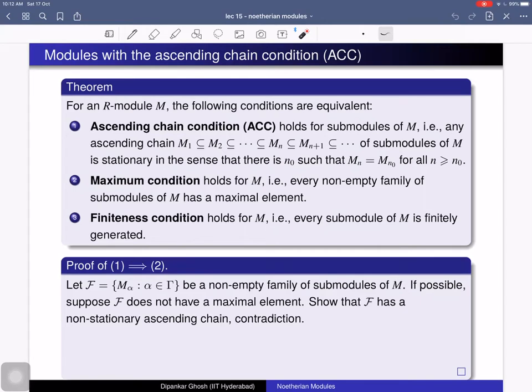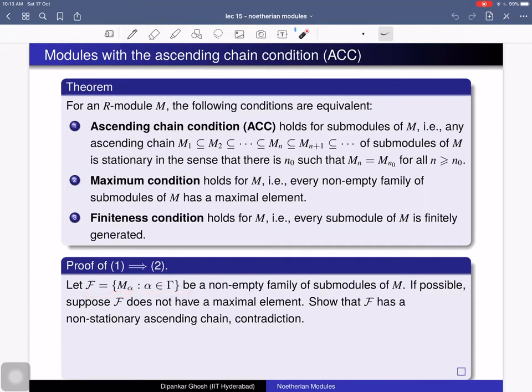So first we will prove that if M satisfies the first condition, then M satisfies the second condition. So let's assume the first condition, and then we will prove that M satisfies the second. To prove this second condition, we consider a non-empty family F of submodules, and we prove that this family has a maximal element.